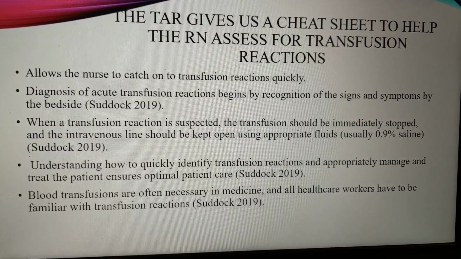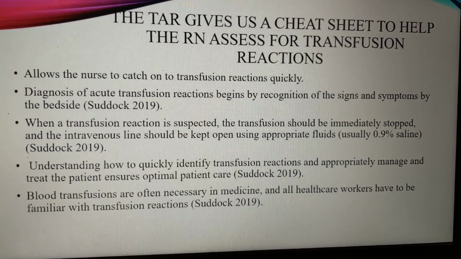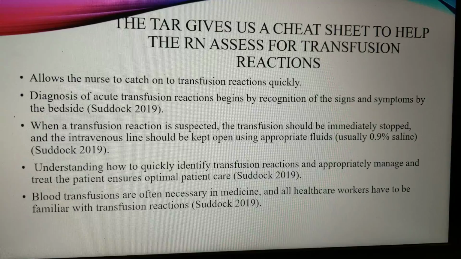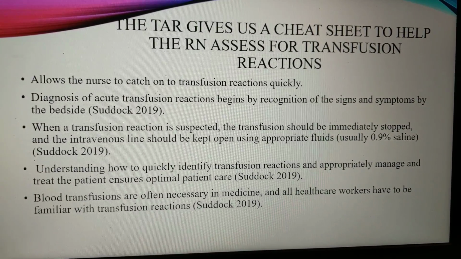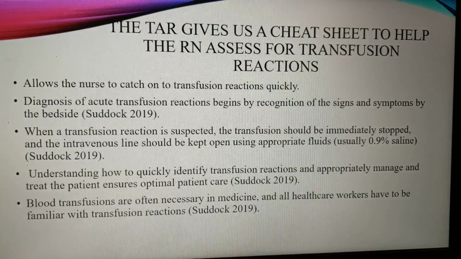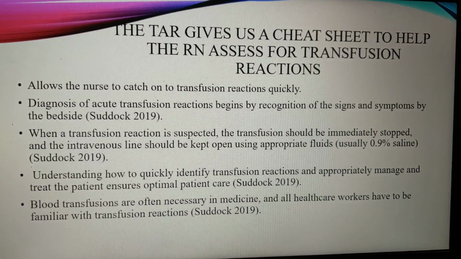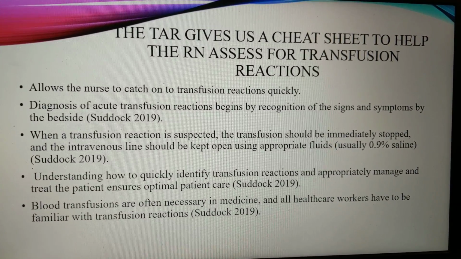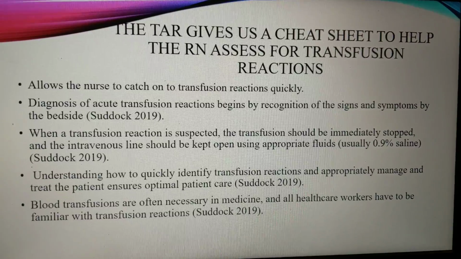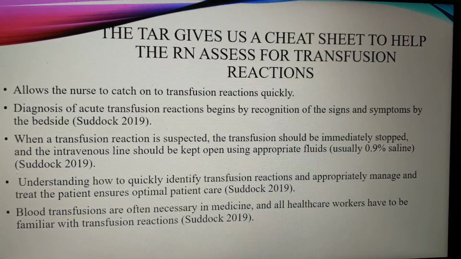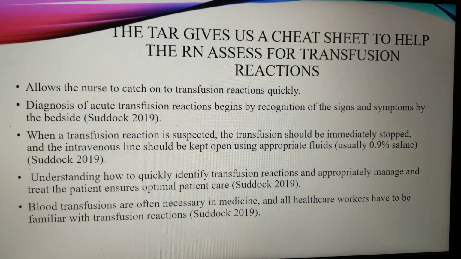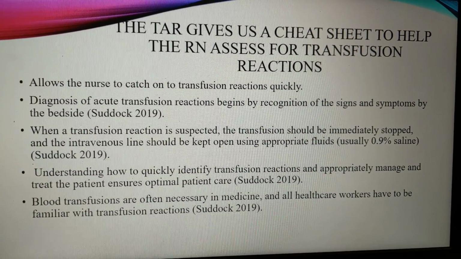The TAR gives us a cheat sheet to help the RN assess for transfusion reactions. So it allows the nurse to catch on to the transfusion reactions quickly, which is important because we need to stop the blood from going into the patient at that point, and then continue with usually normal saline. Diagnosis of acute transfusion reactions begins by recognition of the signs and symptoms at the bedside.